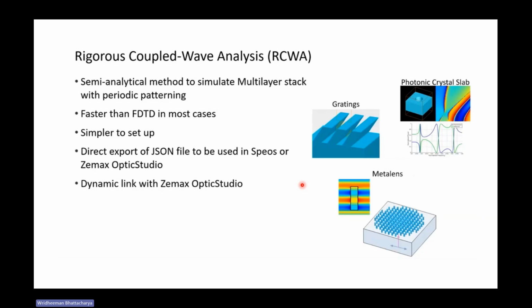Suppose the mesh size, the simulation time, and temperatures, and if we do override meshes, which I'll also mention. So if we want to simulate a final device with all the parameters optimized, then we should go to FDTD at last, as it takes huge time, but it gives the most accurate results.